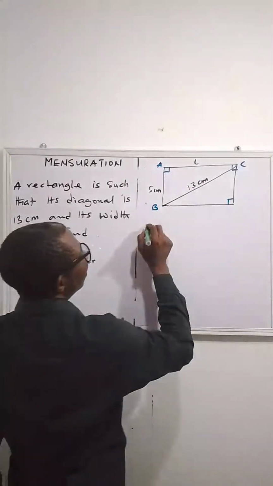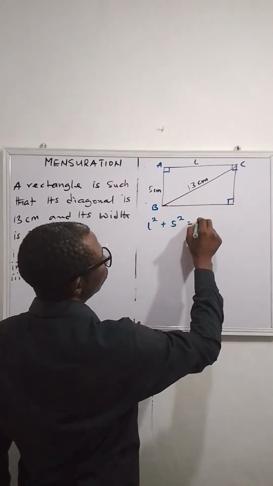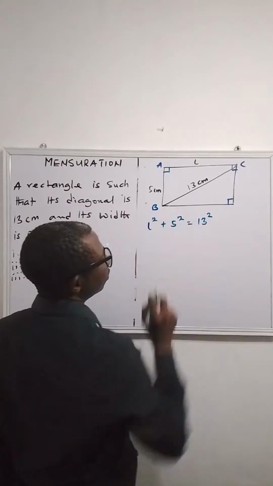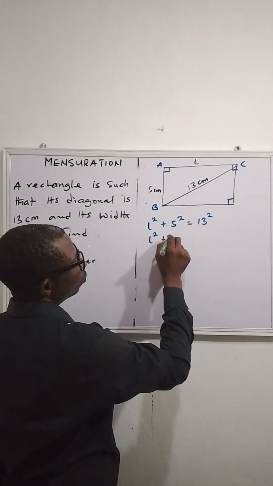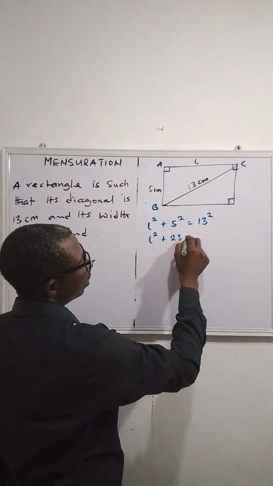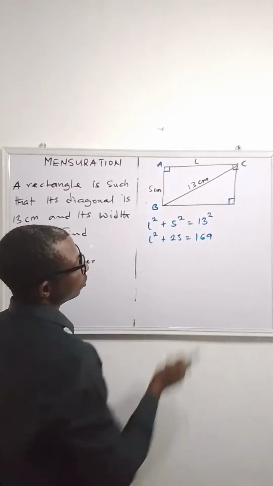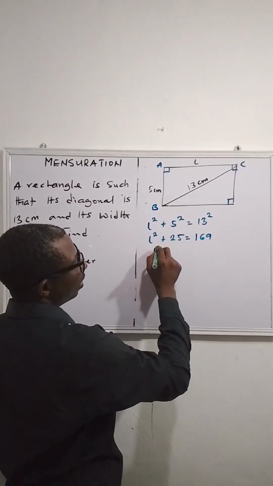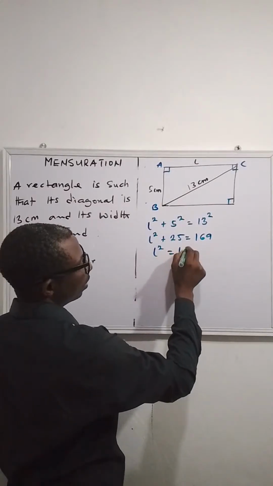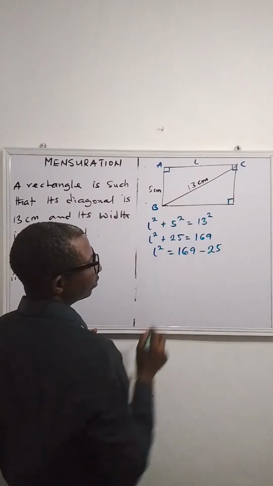So we have L squared plus 5 squared equals 13 squared. So we have L squared plus 25 equals 169. We can subtract 25 from both sides. We have L squared equals 169 minus 25.